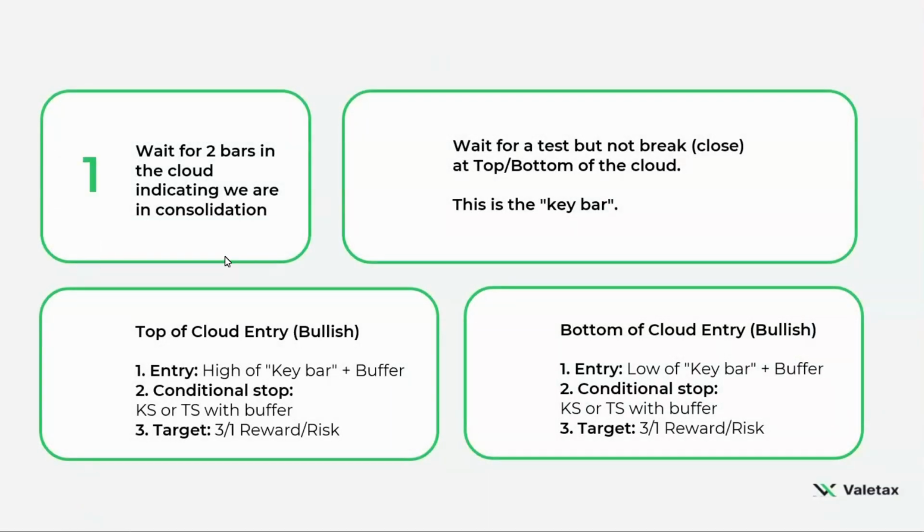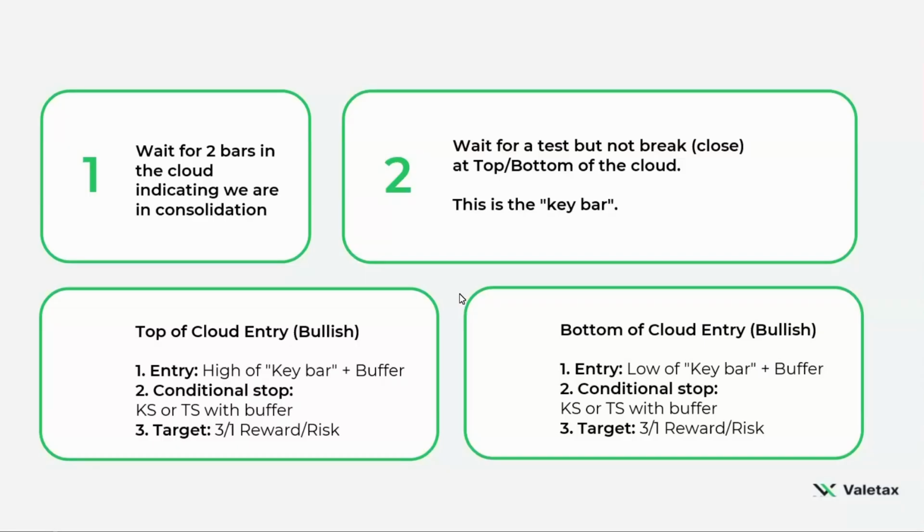Then we walked through and we gave you a full-blown strategy on how to take advantage of the cloud. Okay. And our goal always is to make money. To do that, we have to look at money management. For money management, the best trades are where you get the highest reward risk. And in order to do that with Ichimoku, you really want to get in at the beginning of the trend. So your goal is to trade as soon as it comes out of the cloud, whether it be bullish or bearish, it doesn't matter.